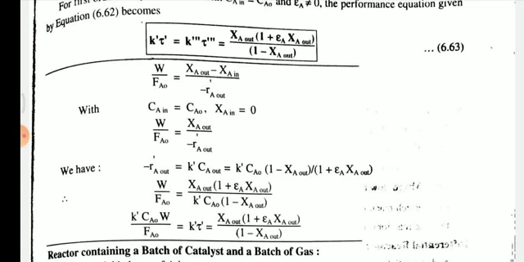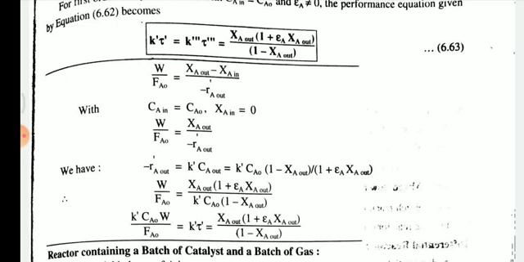So we have the next equation: Ra dash out is equal to k dash Ca out, which is equal to k dash Ca0 1 minus Xa out upon 1 plus summation of epsilon A into Xa out. So the equation is written in the form of W by Fa0.